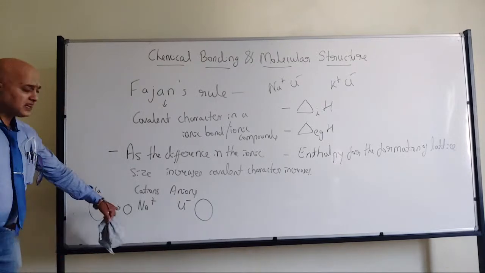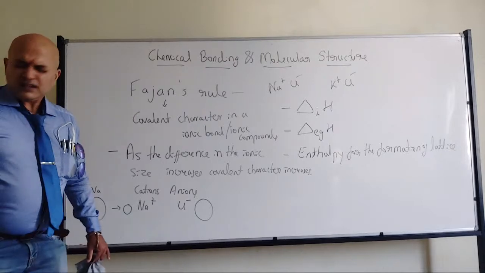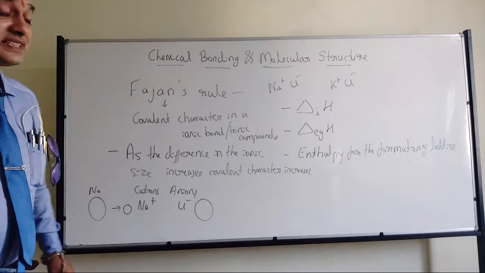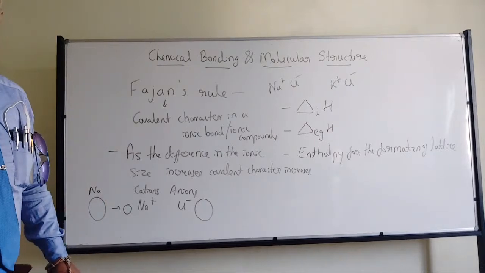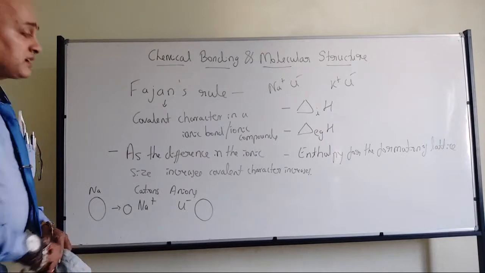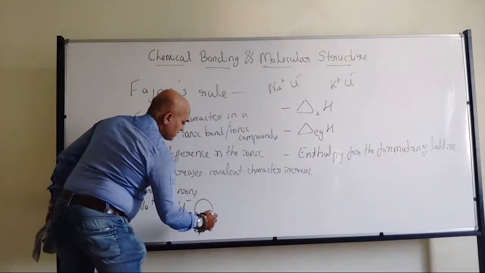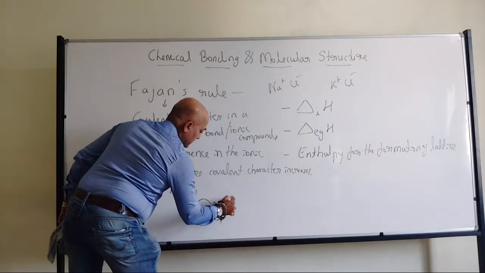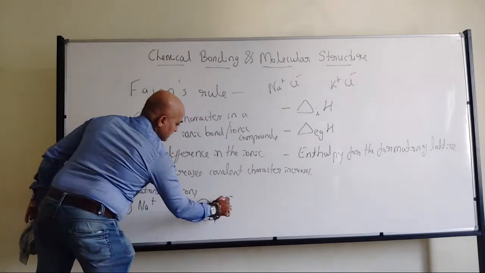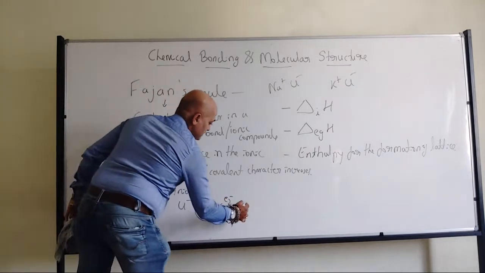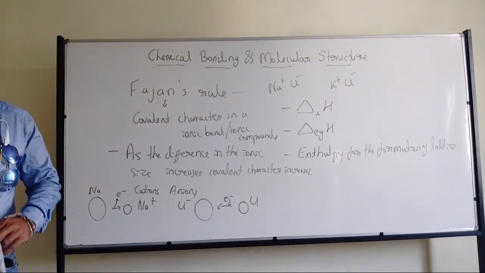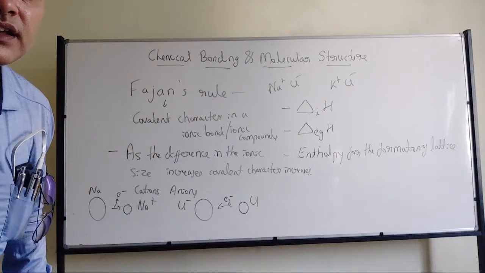Now it has decreased because of the loss of the electron by sodium. But in the case of anions, where an electron has been taken, chlorine was of this much size, and now its size has increased. Right?